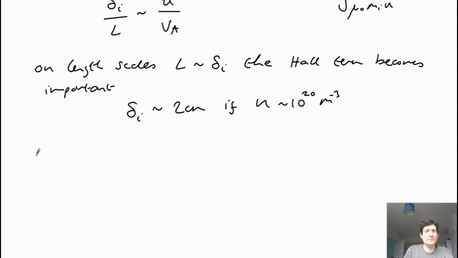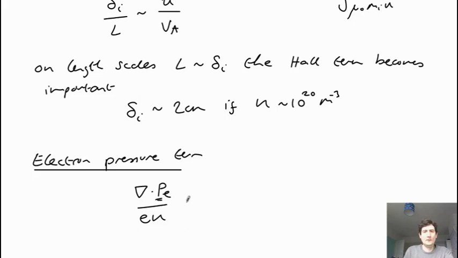The other term is the electron pressure term, and you can see very quickly what size this term has, because in force balance we have that grad P is roughly J cross B, and the ion and electron pressures are roughly equal.